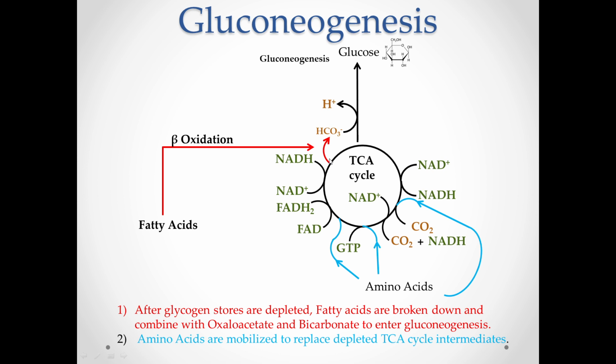In order to keep this final citric acid cycle intermediate in high concentrations, amino acids have to be broken down. If amino acids are not broken down, this intermediate right here is not replaced. If it is not replaced, fatty acids ending up as acetyl-CoA here cannot be converted into glucose.